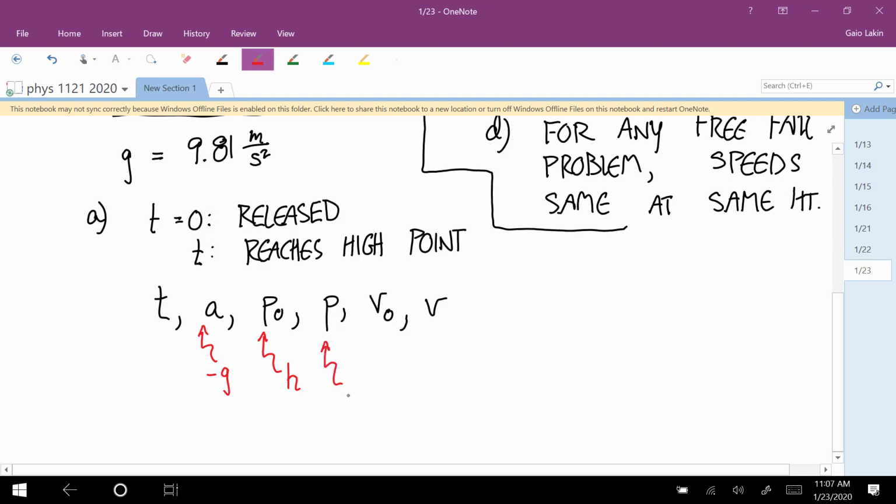Yep. And then v sub 0 is what we're trying to calculate. Do we know v? 0, yep. And so now we're looking for an equation that has these.